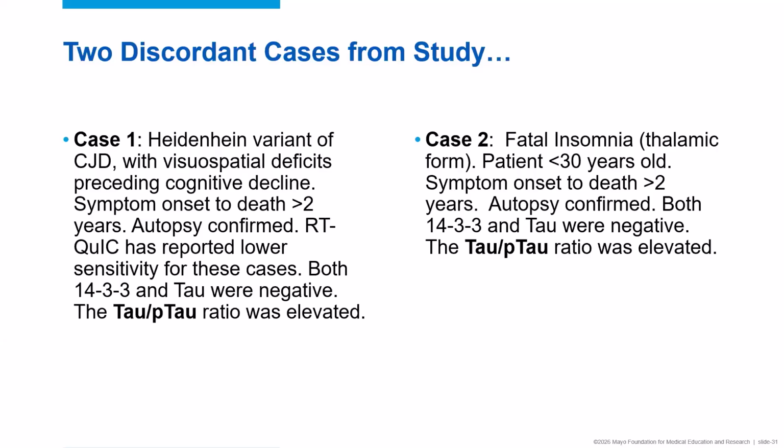And so in cases of a negative RT-QuIC result where there is very high remaining suspicion, we would always recommend that we repeat testing in the lab that has the sample to rule out a lab error. We would also potentially suggest repeating the testing, if clinically warranted, by sending in a new sample, or even if it's tested at Mayo, consider sending out a sample to the National Prion Center.